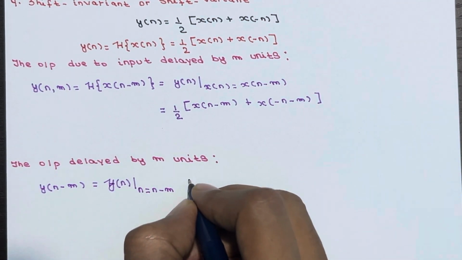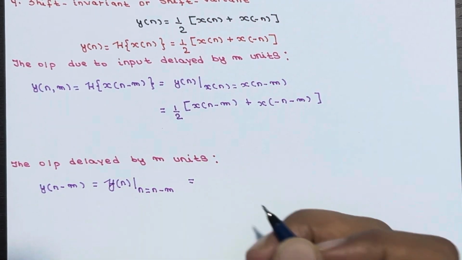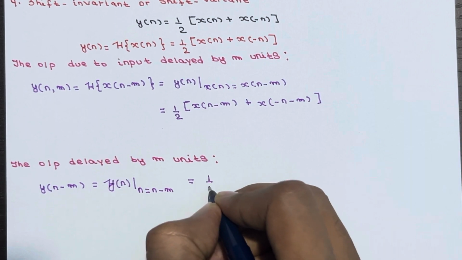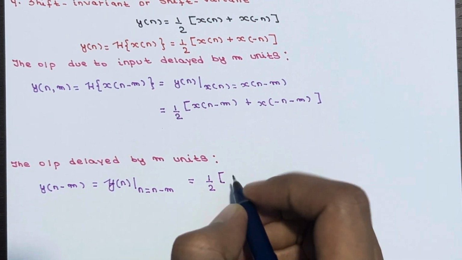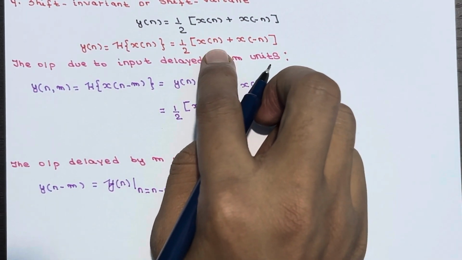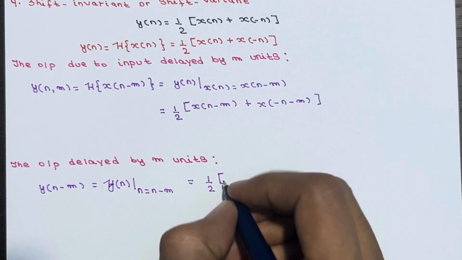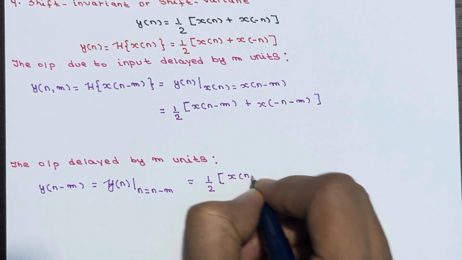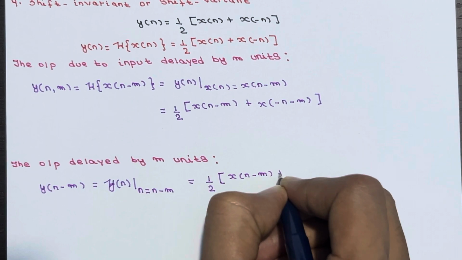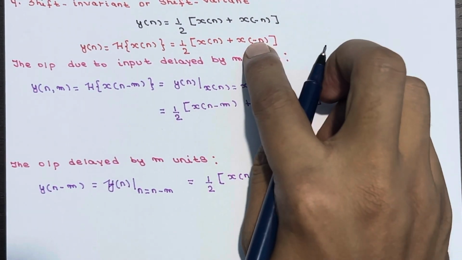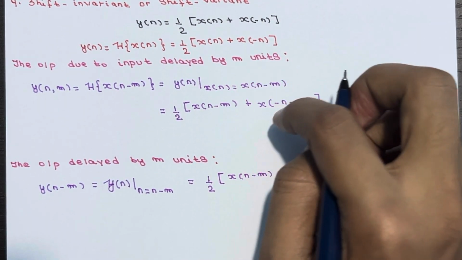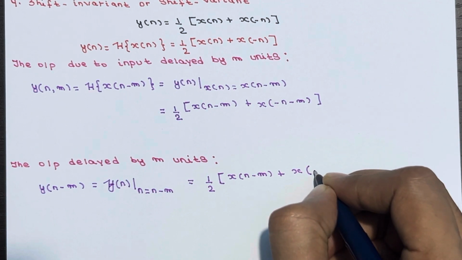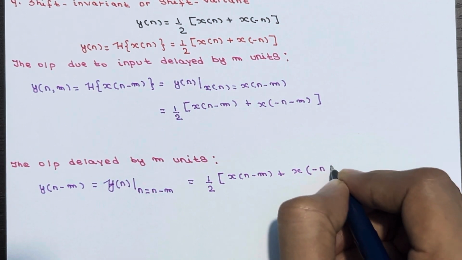Wherever n is present, just replace it with n minus m. So it will become 1 by 2 x of n minus m plus x of minus n, so minus of n minus m, which becomes minus n plus m.